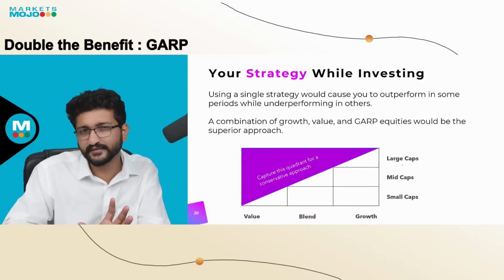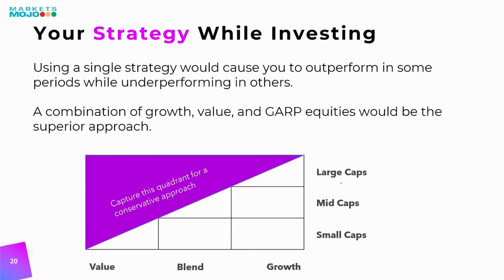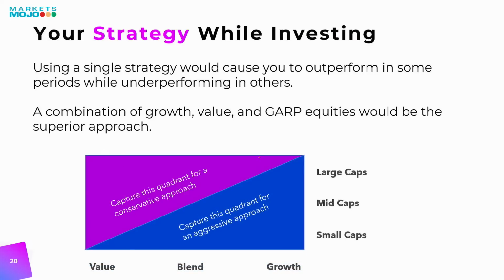One thing I could say is that if you're conservative in nature, you should capture this quadrant where you're looking at large cap stocks, undervalued, blend. You're not capturing much of the small and mid cap range, but you're looking at this particular quadrant. Whereas if you're an aggressive investor, you can look at this particular quadrant. Now you should not only follow this, but it gives you some idea.